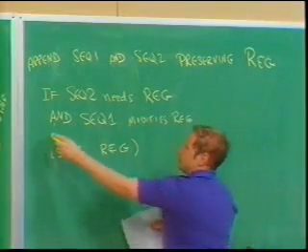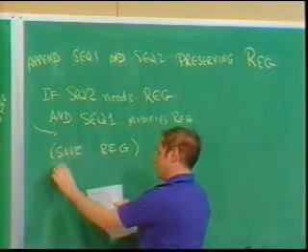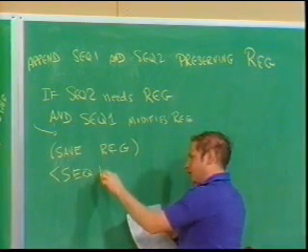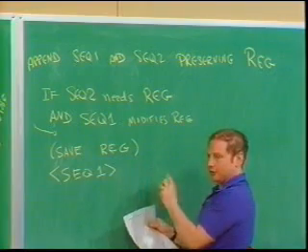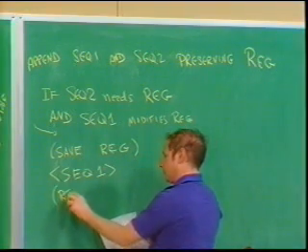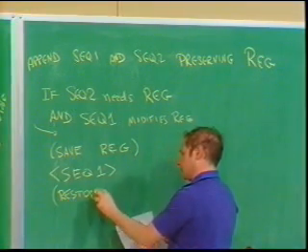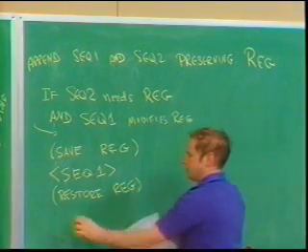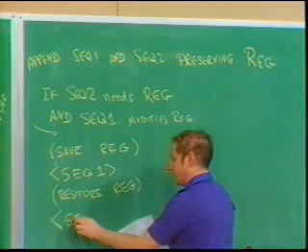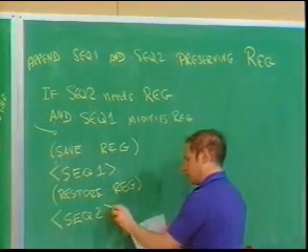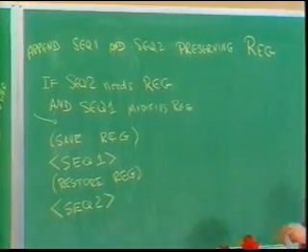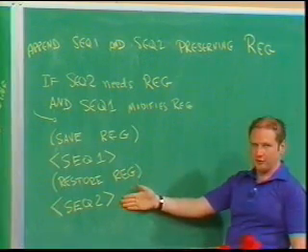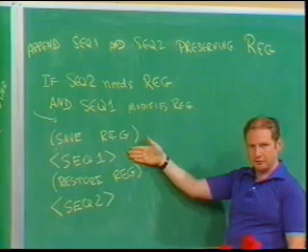You generate this code, save the register, then you put out the recursively compiled stuff for sequence 1, and then you restore the register. And then you put out the recursively compiled stuff for sequence 2. That's in the case where you need to do it: sequence 2 actually needs the register, and sequence 1 actually clobbers it.